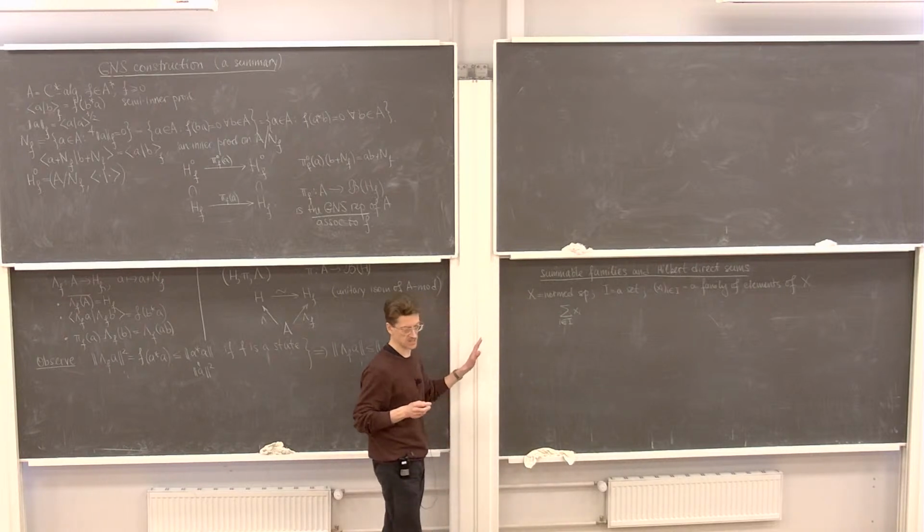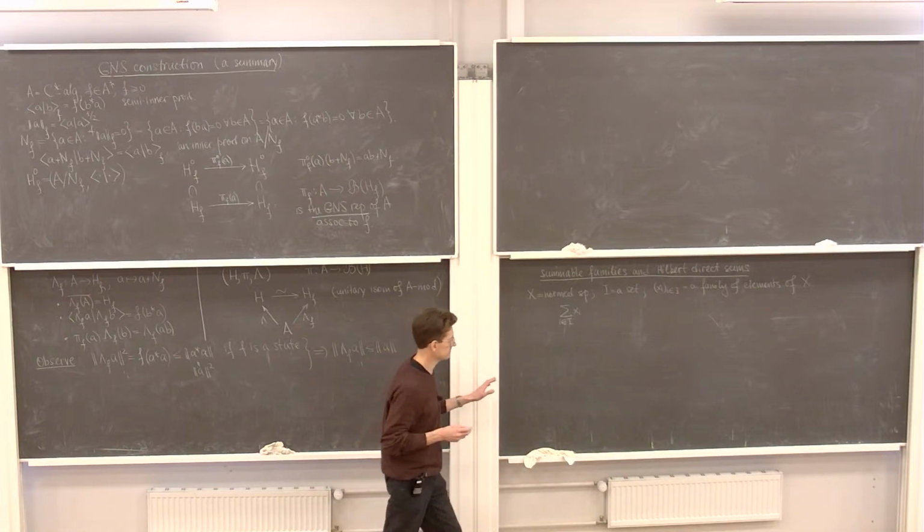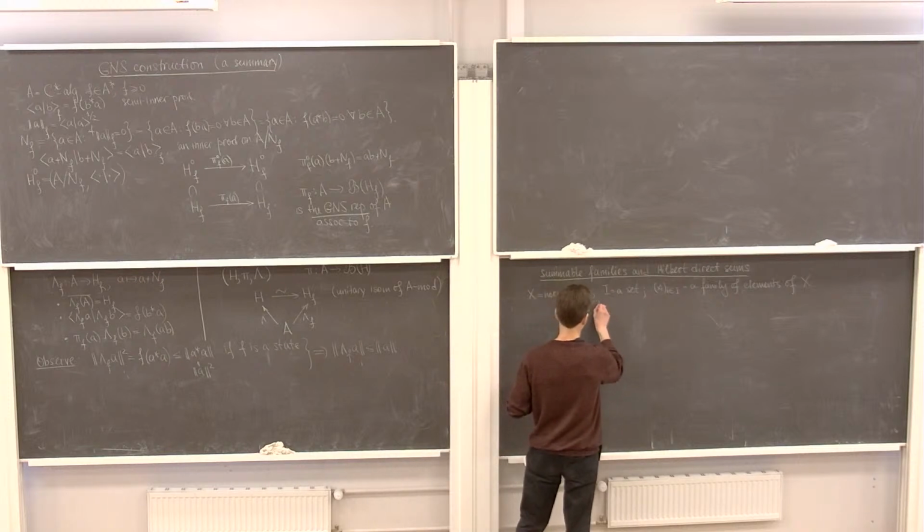So in general, I is not assumed to be countable. So what does that mean?